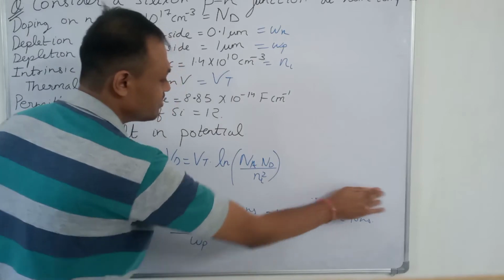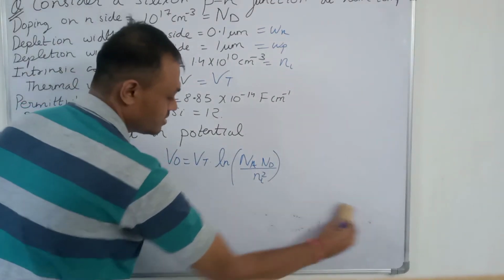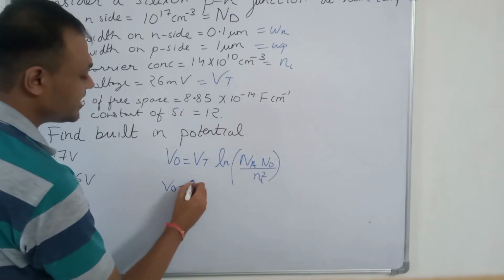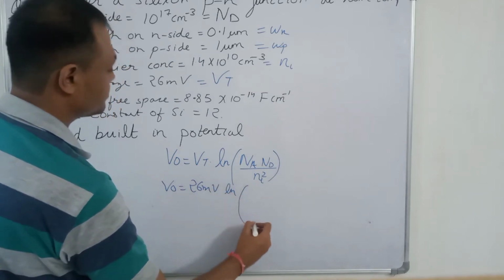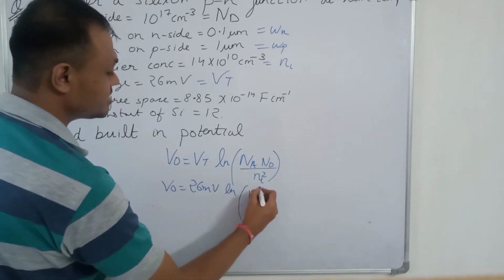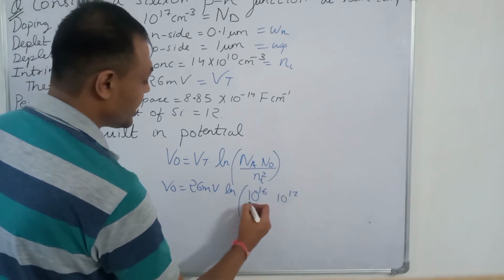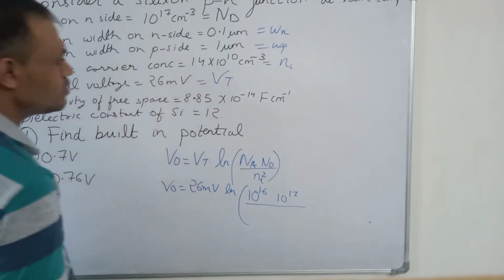Now we can simply put the values here. V0 will be equal to Vt, which is 26 millivolt, ln of Na, which we found to be 10 to the power 16, Nd is 10 to the power 17, and Ni square is given as 1.4 into 10 to the power 10 whole square.